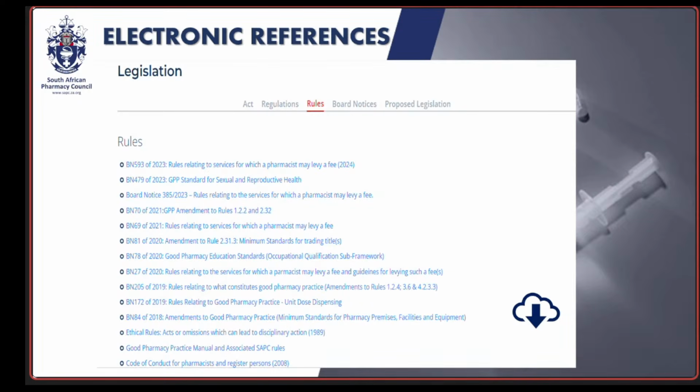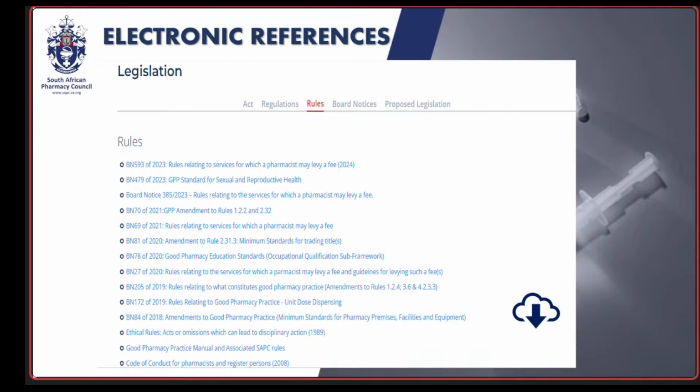So very important, you can see it was published some time ago. And after that, there were a lot of new board notices. So make sure that you read through the board notices. You will see that Board Notice 84 of 2018, the minimum standards for the pharmacy premises, the facilities, and equipment were updated.